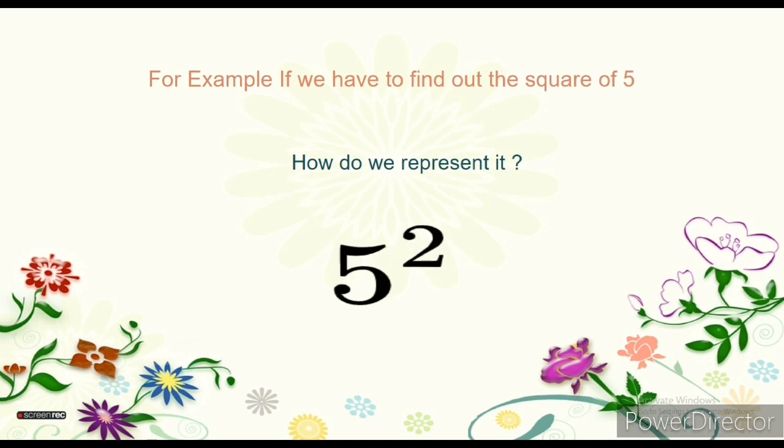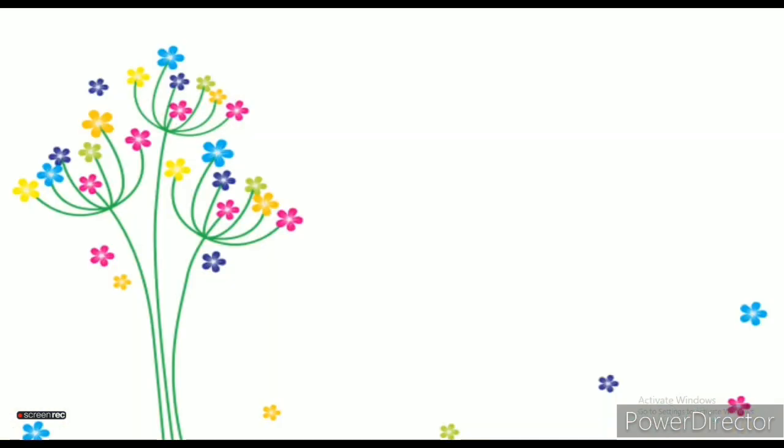By putting a small 2 on the right upper corner of 5. Now, 5 multiplied by 5 gives us 25, means we have squared the number 5. This method of squaring a number stands true for any number in mathematics.